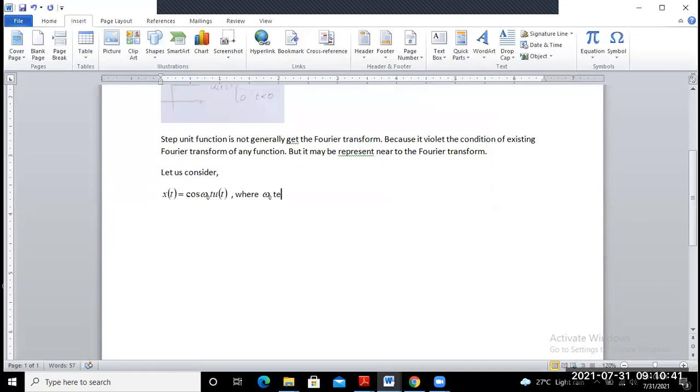If you put omega naught equal to 0 here, cos 0 is 1, so x(t) equals u(t). So u(t) can be represented in this way. Now if you want to find the Fourier transform of this function, it is the Fourier transform of u(t).